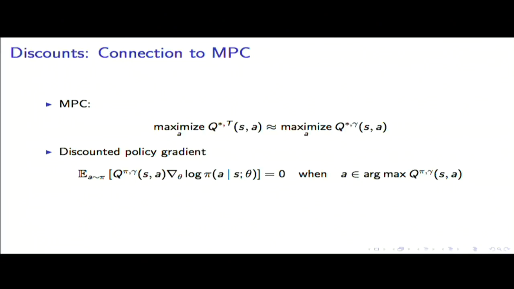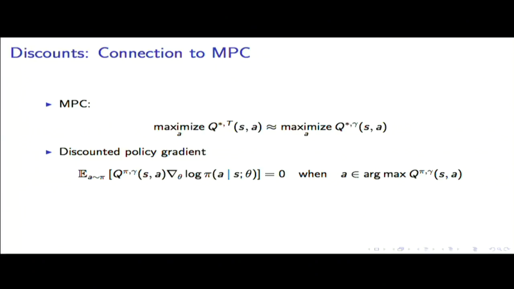The way we can think about that in terms of Q functions is we can compute a finite horizon Q function, which we're going to call Q star time step t, and we're going to take the max over actions of that optimal Q function. Using a finite horizon, capital T, is basically the same thing as using a discount factor.